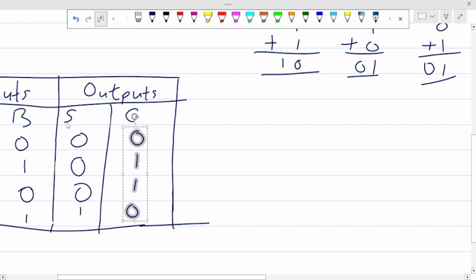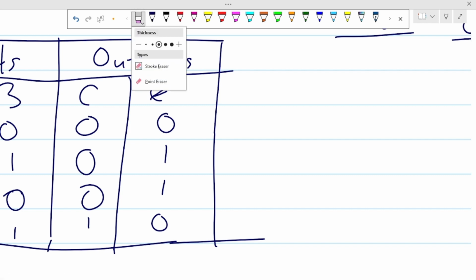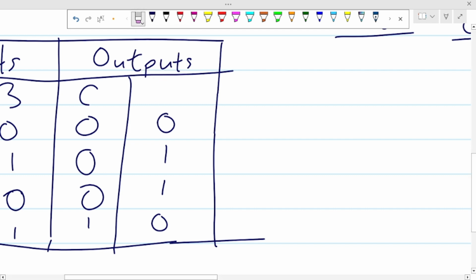Better. So this will just be our carry. Alright, so this will now be our carry, and this will be our sum.